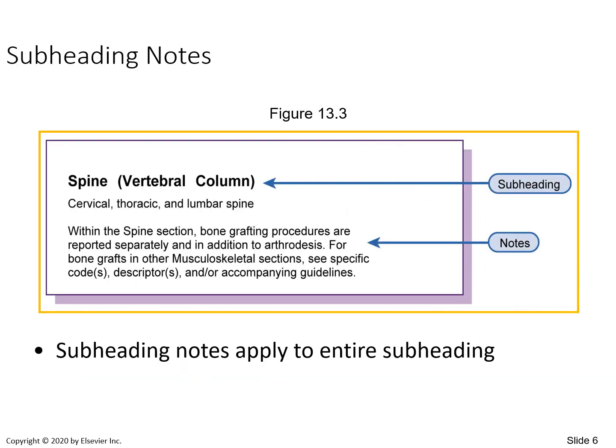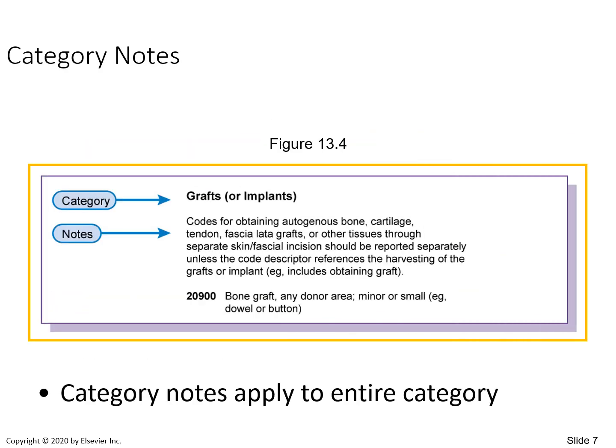Subheadings in the notes, for example, vertical column is a subheading right over here, and the notes here. So subheading notes will apply to the entire subheading. Category notes will apply to the entire category. Here the category is grafts or implants.